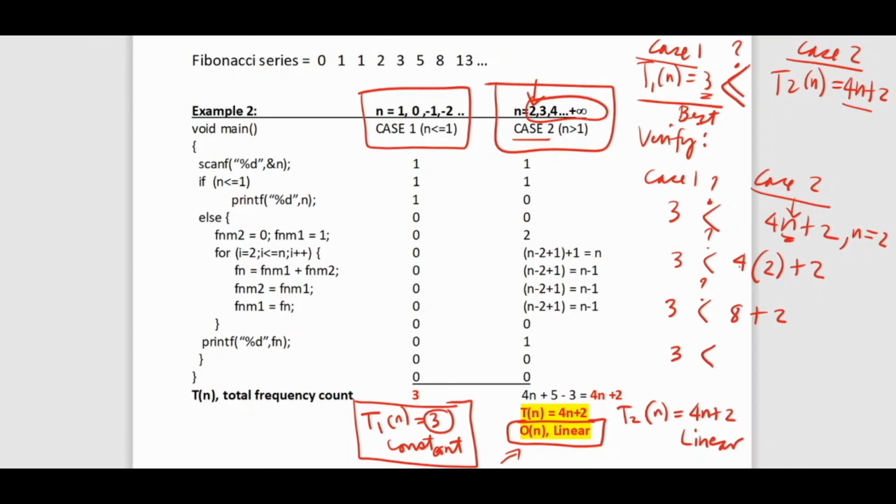Yes, 3 is less than 10. Okay. So we conclude that case 1 is the best case and case 2 is the worst case. When we say best case, that is the case when the program or the algorithm takes shorter time to run. And the worst case, which is case 2, that is when the program takes longer time to run.